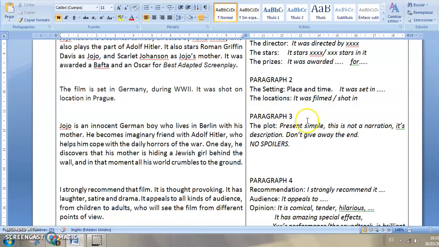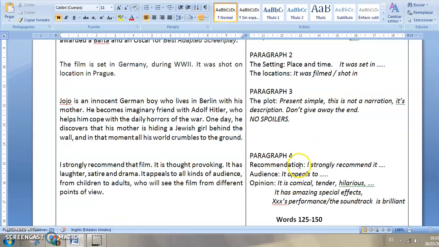You don't need anything else, because if you've seen the film, you have to write the plot by yourself. Don't copy the plot from a review. And this has to be original, both the plot and the recommendations have to be original, your own, okay?